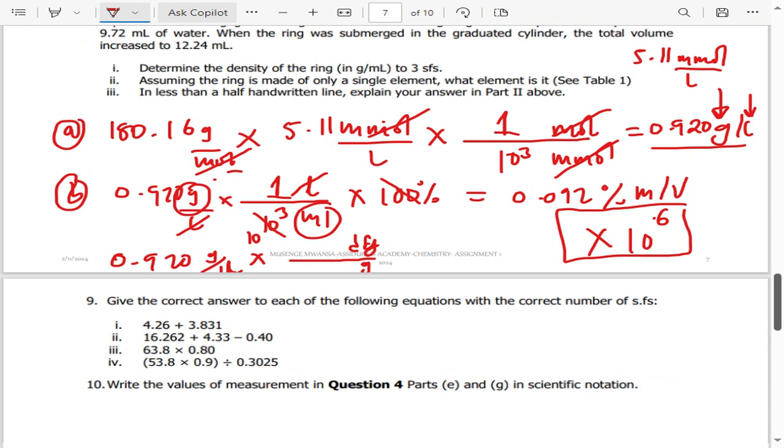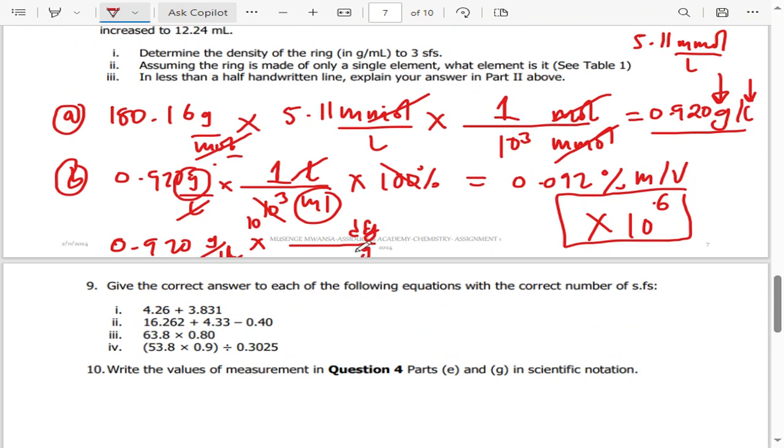What I mean by no prefix is gram, you can see there's no anything in front, different from decigram. So a gram is bigger than a decigram, so I'm going to put a 1 in front of a gram. Deci means 10 to the power negative 1. Because I've put a 1 in front of a gram, I'll use a positive 1 because gram is a bigger unit. This gram will cancel with this gram.